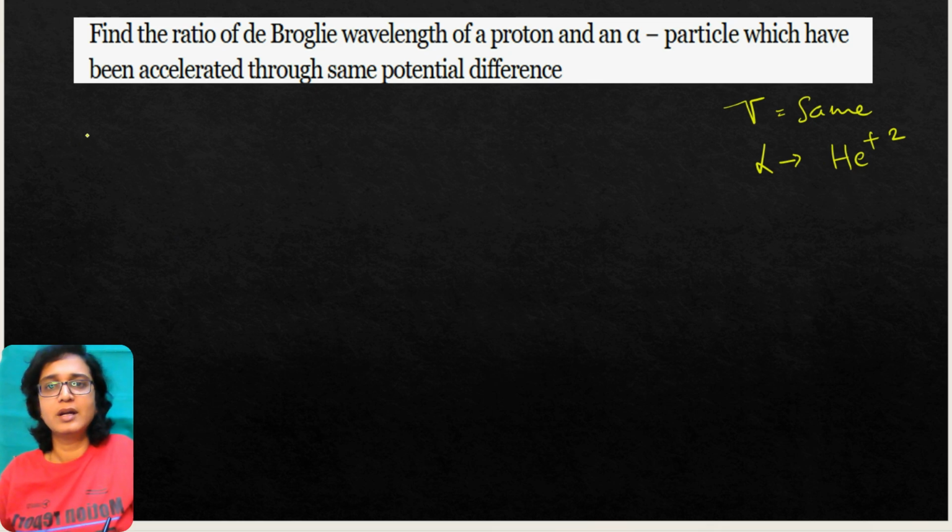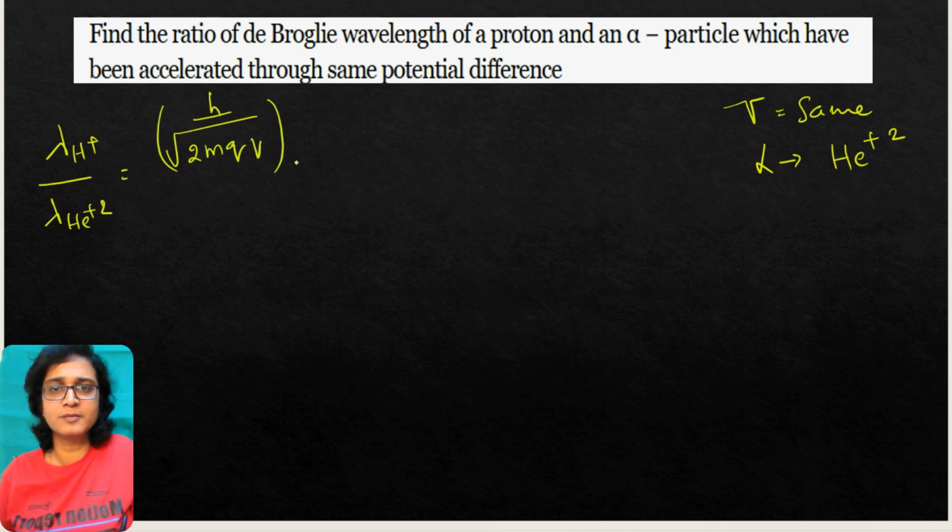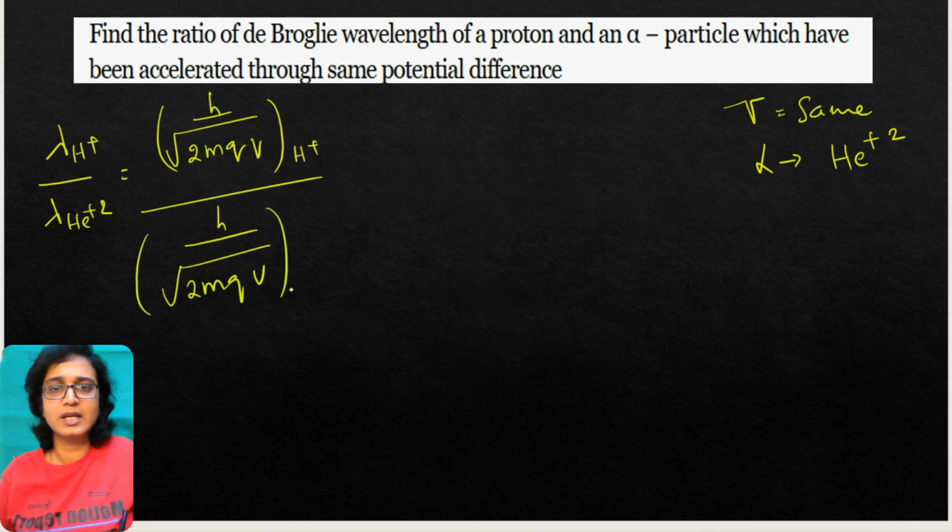So the ratio of de Broglie wavelengths in terms of potential difference is h by square root of 2mqV of proton, divided by h by square root of 2mqV of helium 2 plus.